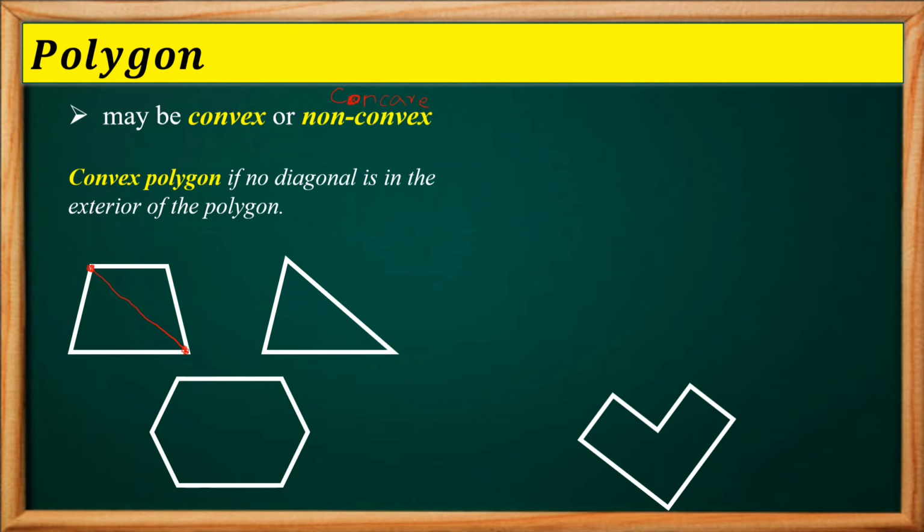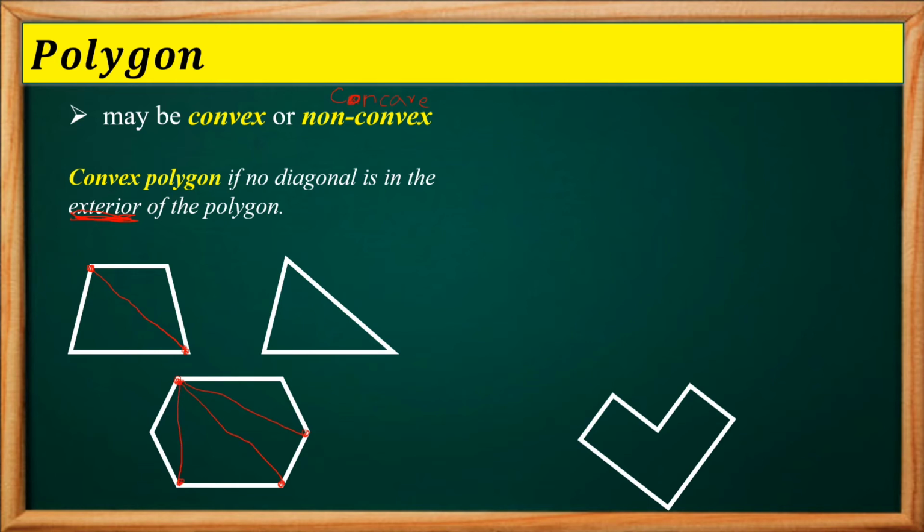It means, walang diagonal na sa labas ng polygon, exterior. Yan siya. Now, the same on this part. Now, the same with this. If we draw a point, we have here a diagonal. Then another one, if we have here a diagonal. Then another one, if we have here a diagonal.